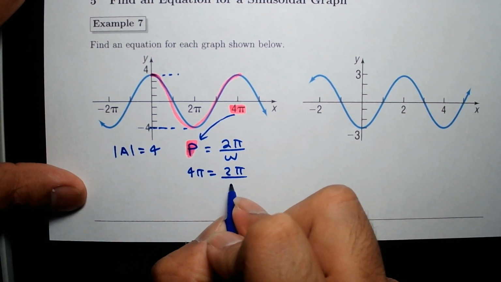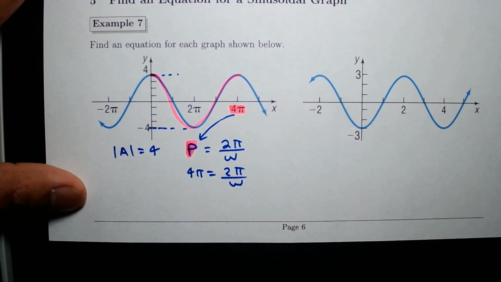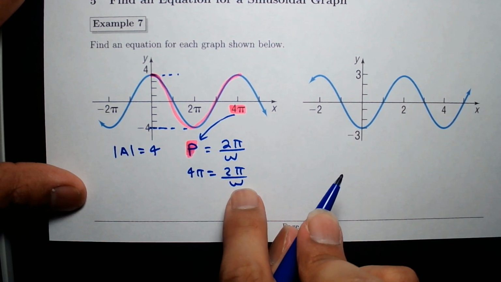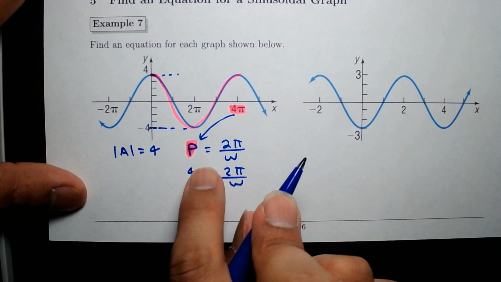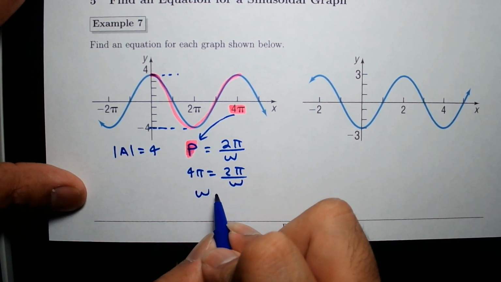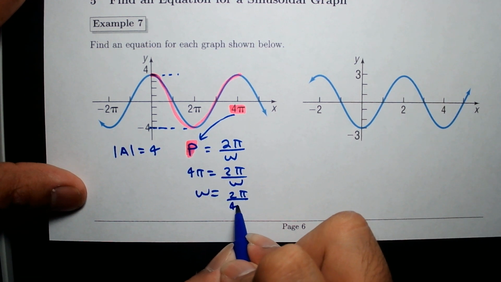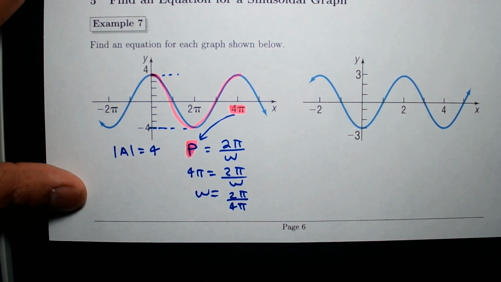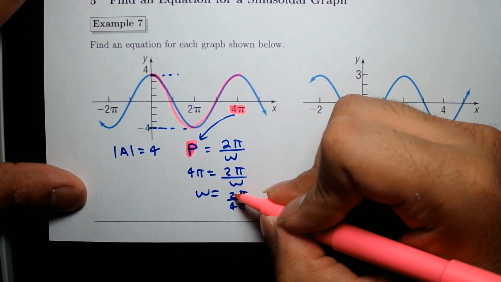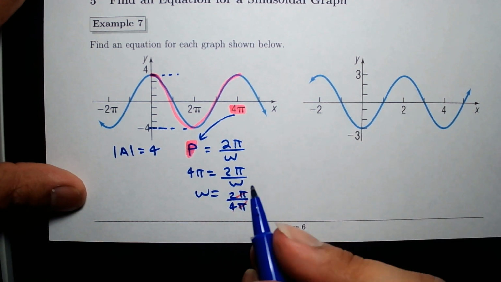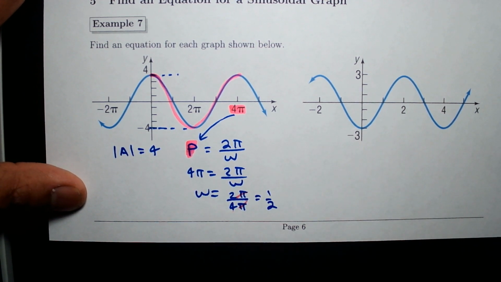2 pi over omega equals 4 pi, and you might want to solve this by cross multiplication. Multiply both sides by omega, divide both sides by 4 pi. Omega equals 2 pi over 4 pi. The pi's go away, and 2 over 4 becomes 1/2. All right.